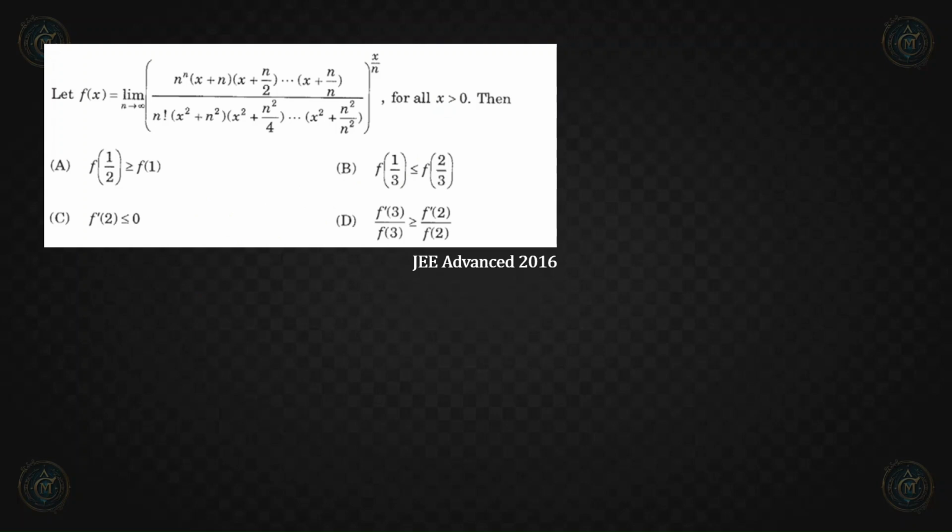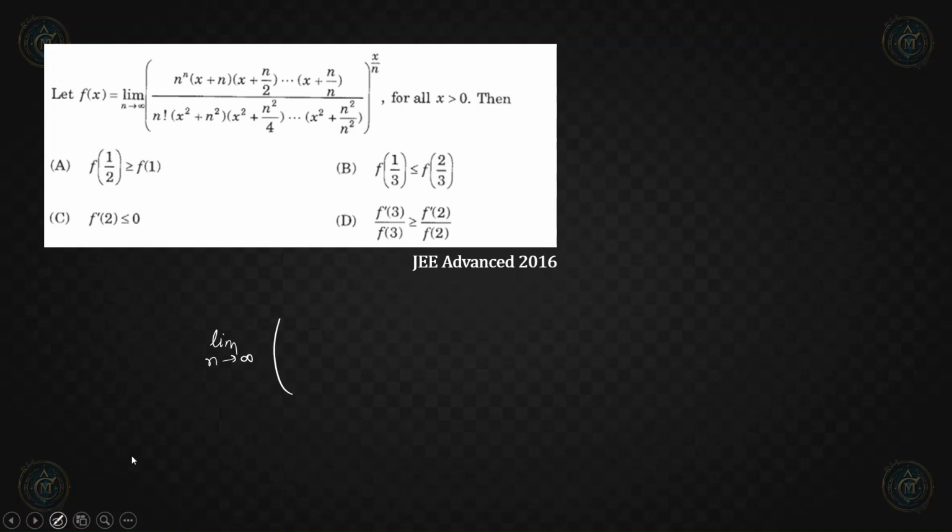So we first have to express this limit format into some summation format, limit n tending to infinity of some summation. So let us try. This thing is some product, so let us write in capital pi notation first. Limit n tending to infinity.